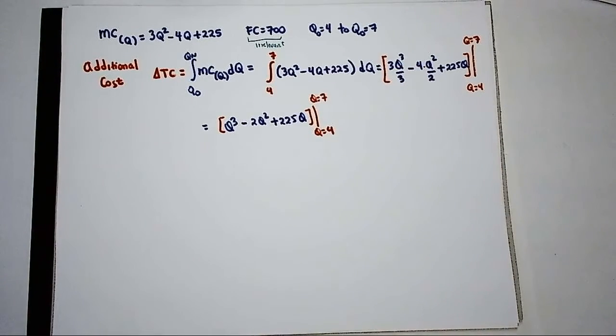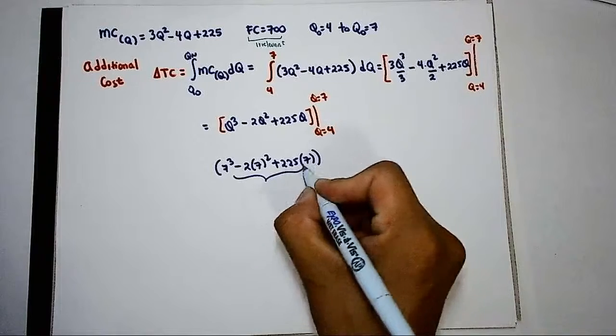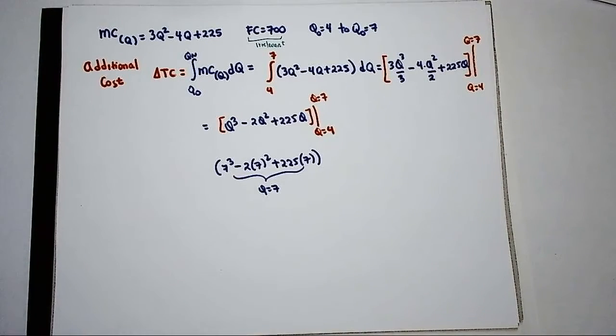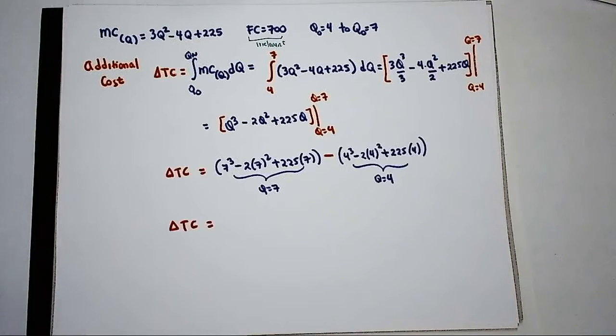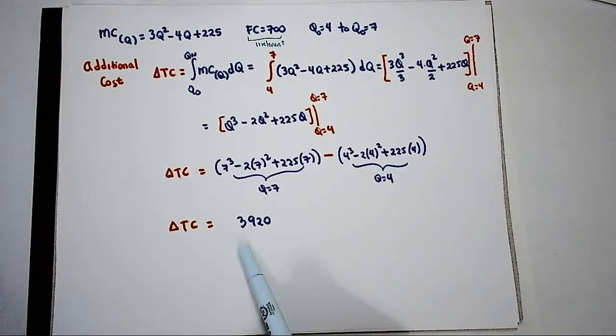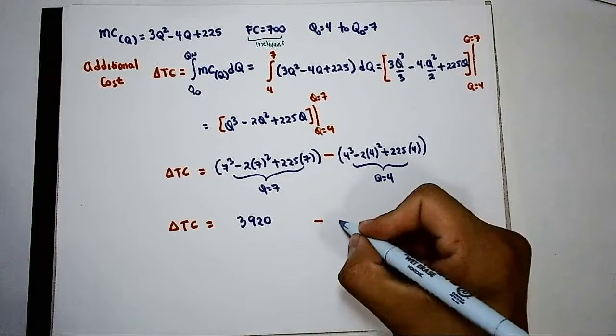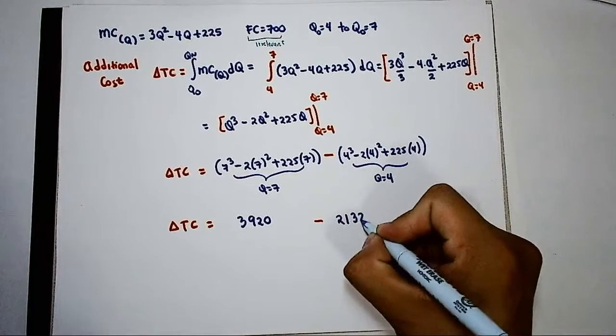Now let's replace with q equal to 7 first. And now let's replace with q equal to 4. 3920 minus the result of this, which is 2132.